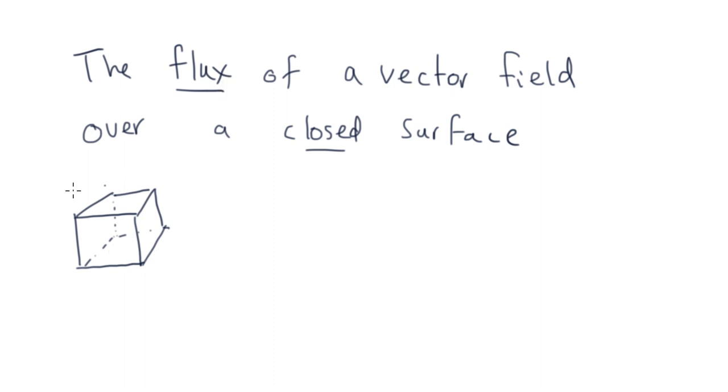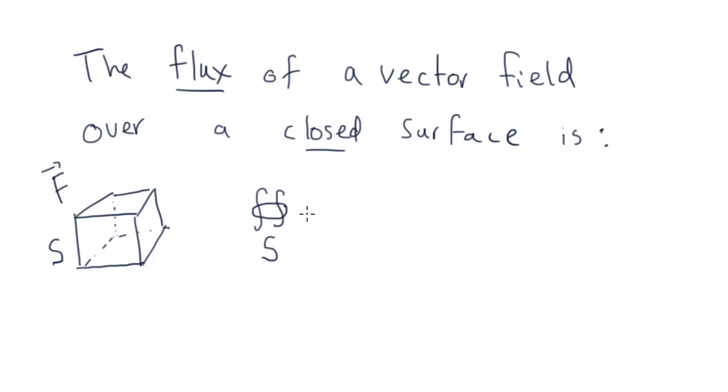So the flux of a vector field F over this surface that's closed, that's enclosing a volume region, is given by, well, just the surface integral. But we're going to give it some special notation. Okay, so we're going to do a double integral with a circle around it to signify that the surface is closed.